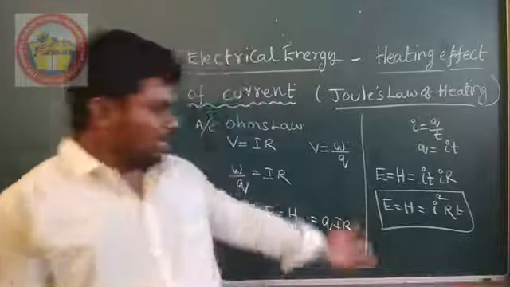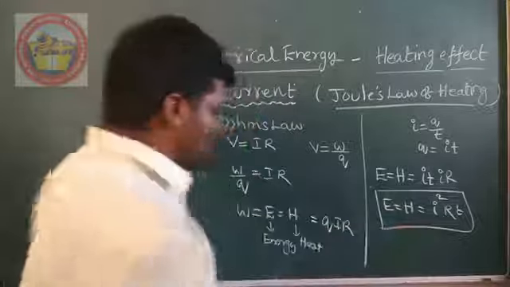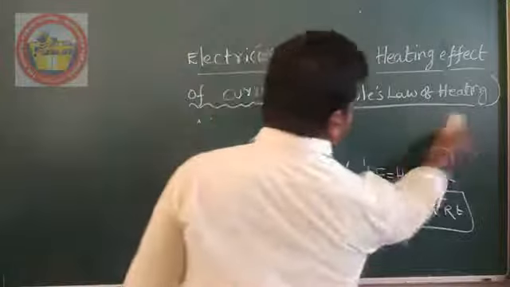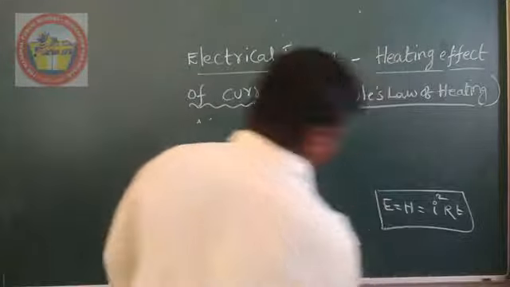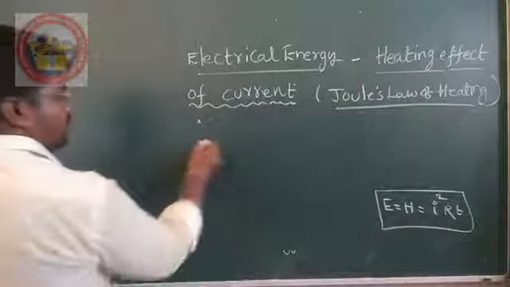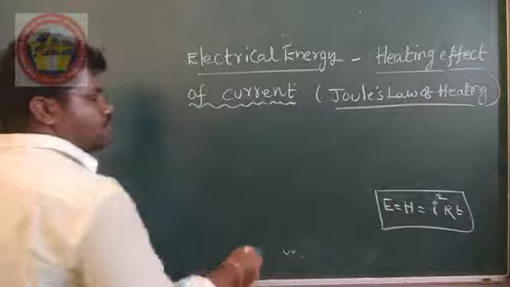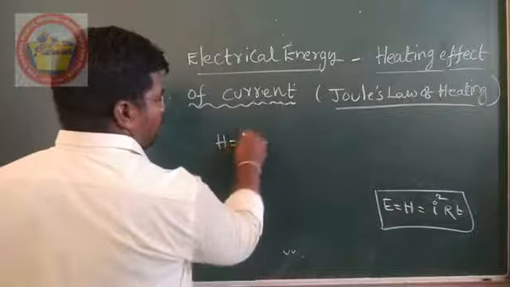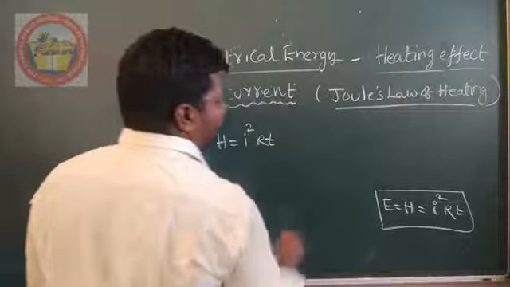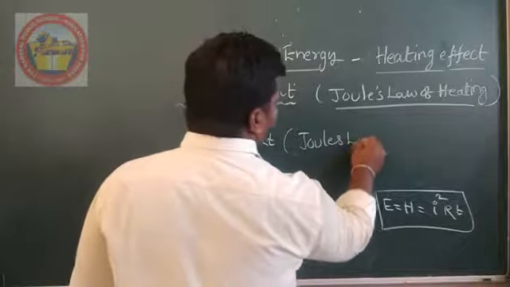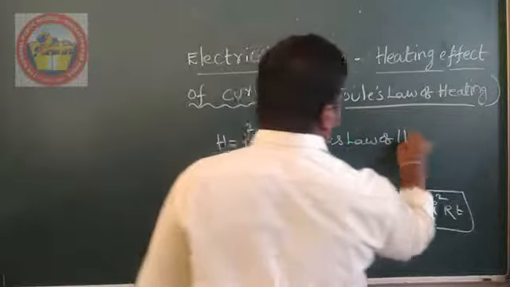Okay, so we have other expressions from this formula. This heat energy is given by Joule's law of heating: H is equal to I square RT.